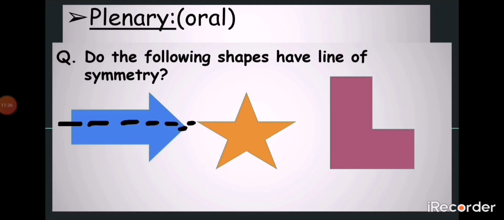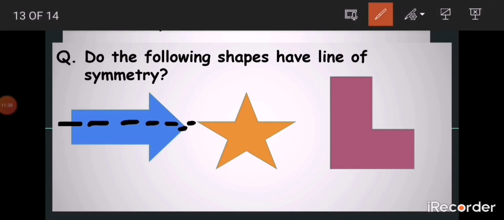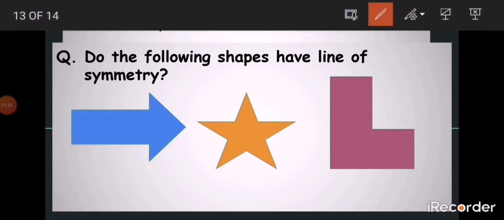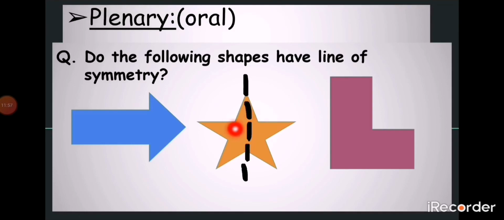Now look at this star. If I fold this star up and down, can I get the line of symmetry? No. Or if I fold this star from right to left or left to right, can I get the line of symmetry? Let me check. So you can see both sides are the same, both halves are the same.